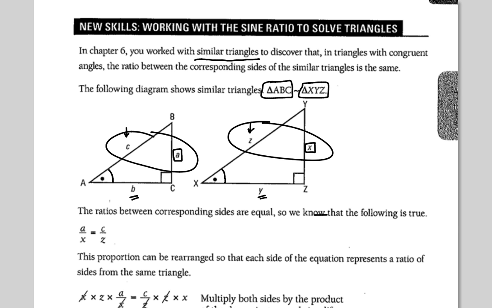Okay, so we know that from a similar triangle that if you're going to do the ratio of A over X, so this side divided by this side, it would have to be in the same proportion as if you were to do this ratio C on top of Z. So that ratio has to be preserved.